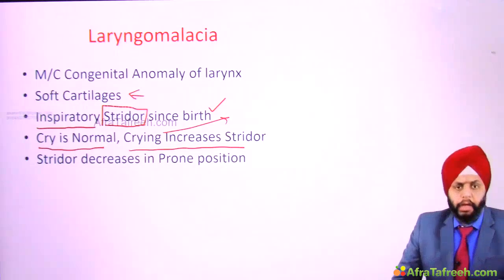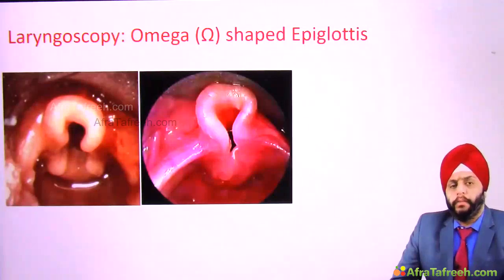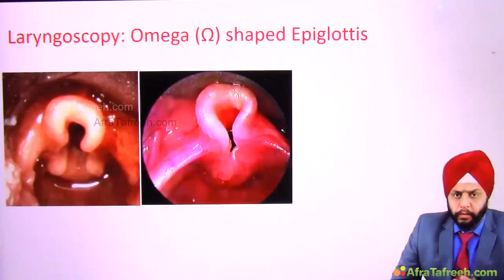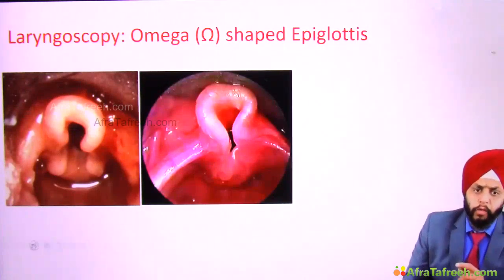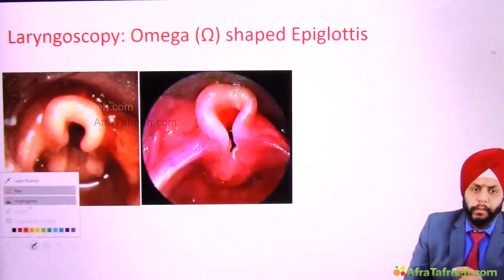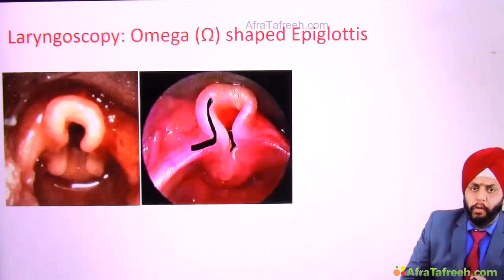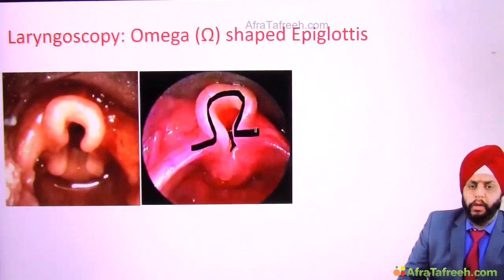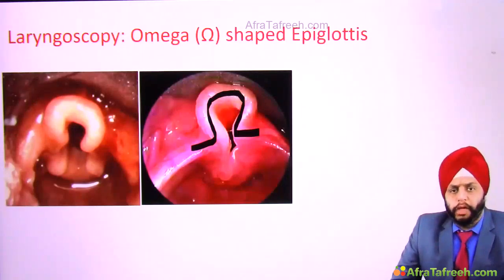Now, how will you confirm your diagnosis? You can confirm it by doing a laryngoscopy. This is the laryngoscopy we have done, and what do we see? We see an omega shaped epiglottis. You can see over here, this is an omega shaped epiglottis.